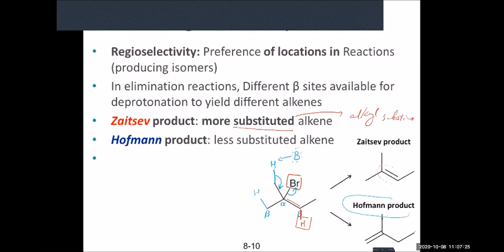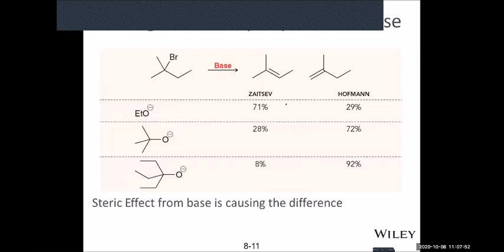The difference is if you take a look at the alkene, there's only two alkyl substituent. Compare with Zaitsev. Zaitsev, you look at the alkene, have three alkyl groups attached. So that's the difference between the Zaitsev and Hofmann. And we should know these two reagents, these two products, and what give you these two products.